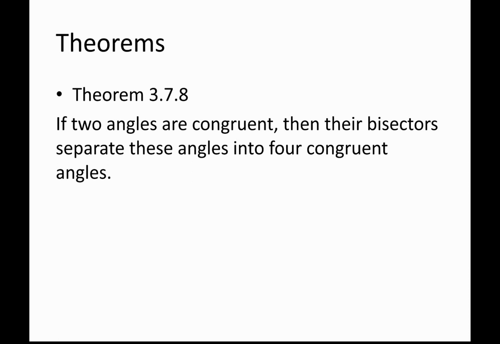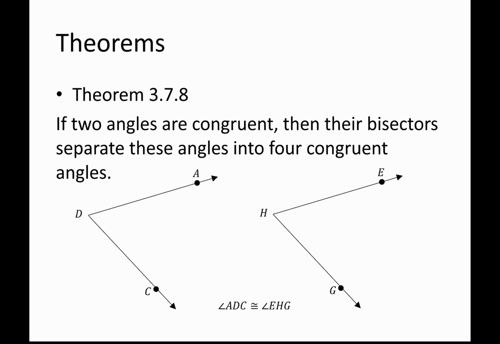Let's see. This is the angles equivalent of the previously mentioned theorem, and it states if two angles are congruent, then their bisectors separate these angles into four congruent angles. So give yourself angles ADC and EHG, and state also that they're congruent to one another.